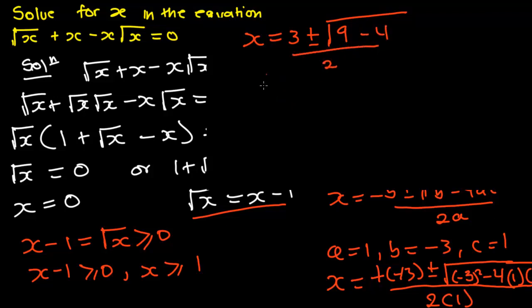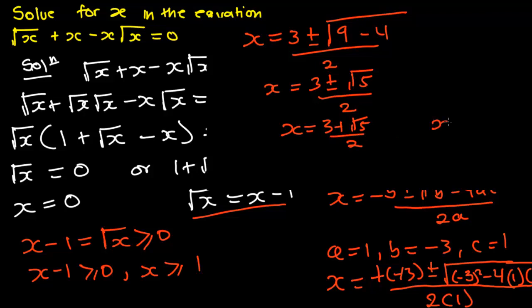And so x will be equal to 3 plus or minus the square root of 5 all over 2. And so we can have x equal to 3 plus square root of 5 all over 2. And then we can also have x equal to 3 minus square root of 5 all over 2.